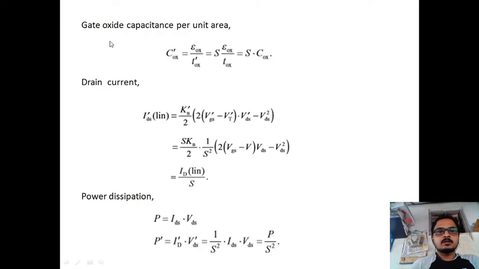The first one is gate oxide capacitance per unit area. The gate oxide capacitance per unit area, that is COX, equals epsilon OX, the permittivity of oxide, divided by the thickness of oxide. When the thickness of oxide is scaled, what happens?